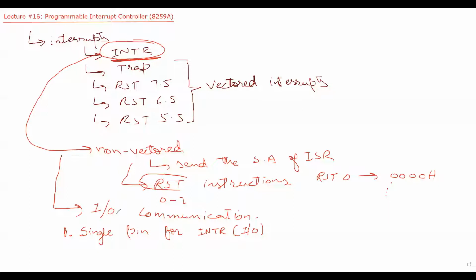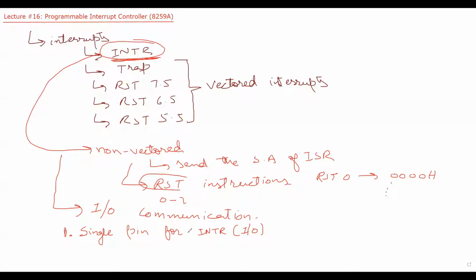That is one important limitation of having only a single INTR pin. Because it is a single interrupt pin, we won't be able to connect multiple devices to this microprocessor, or allow multiple devices to interrupt our microprocessor for input-output communication.